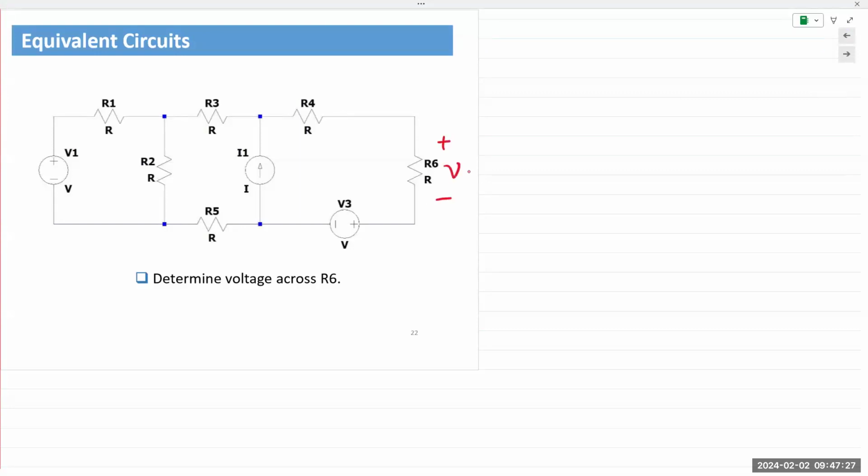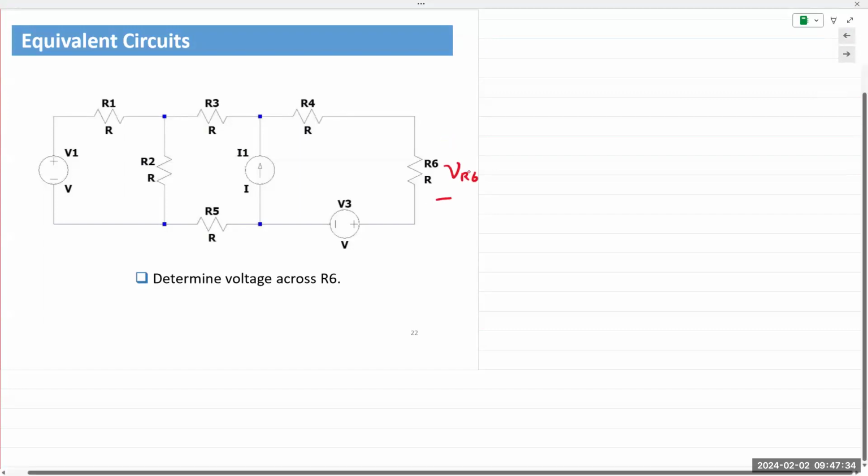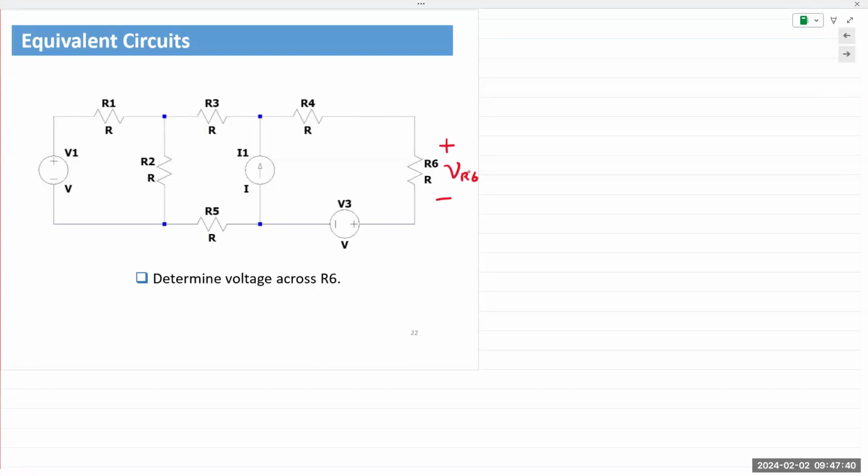So what technique do you think you would use? Three sources in there. What comes to mind? We have multiple nodes, so node voltage analysis. We have 3 meshes, so you can apply mesh current analysis. With 3 sources, you could also apply superposition, right?